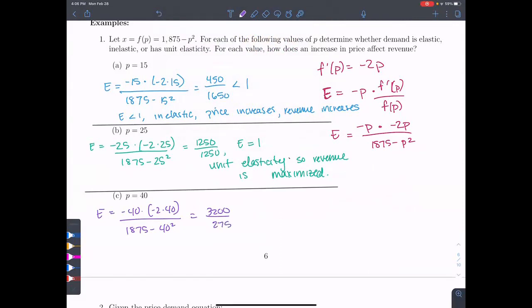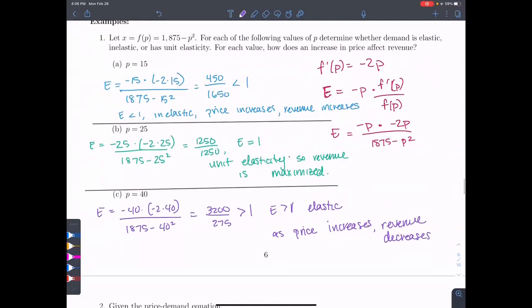So that is going to be bigger than 1. So it's elastic. E is bigger than 1, which means it's elastic. So as price increases, demand is changing a lot, which means it's going to go down, which means that revenue will go down.